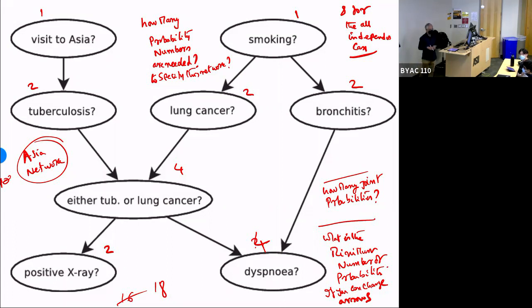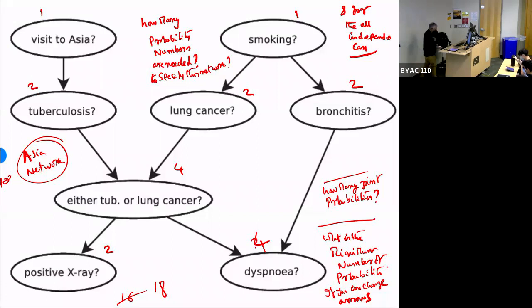Yes? The fewest number of probabilities. The fewest number basically is when there are no arrows at all. So the arrows tell you the connections: how are variables dependent on each other? The dependencies here are probabilistic dependencies. It is not causality, it is probabilistic dependencies.